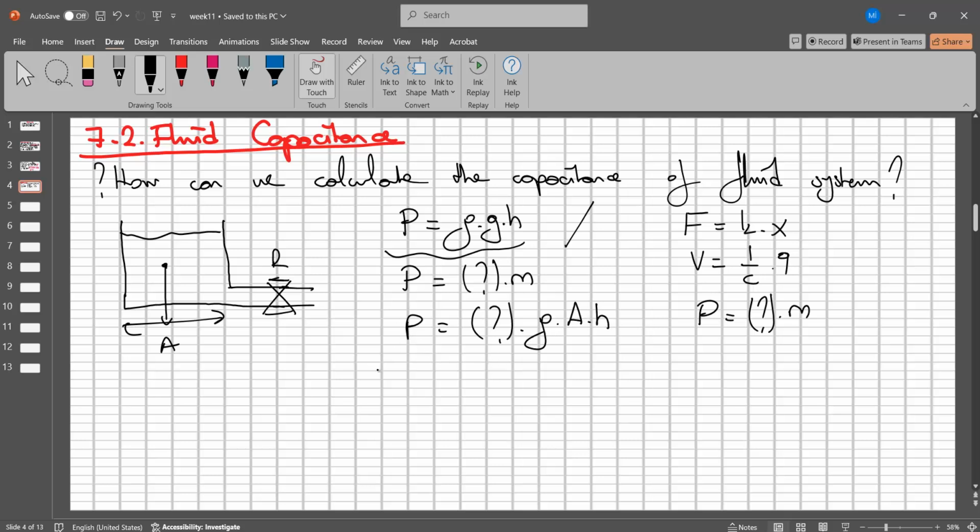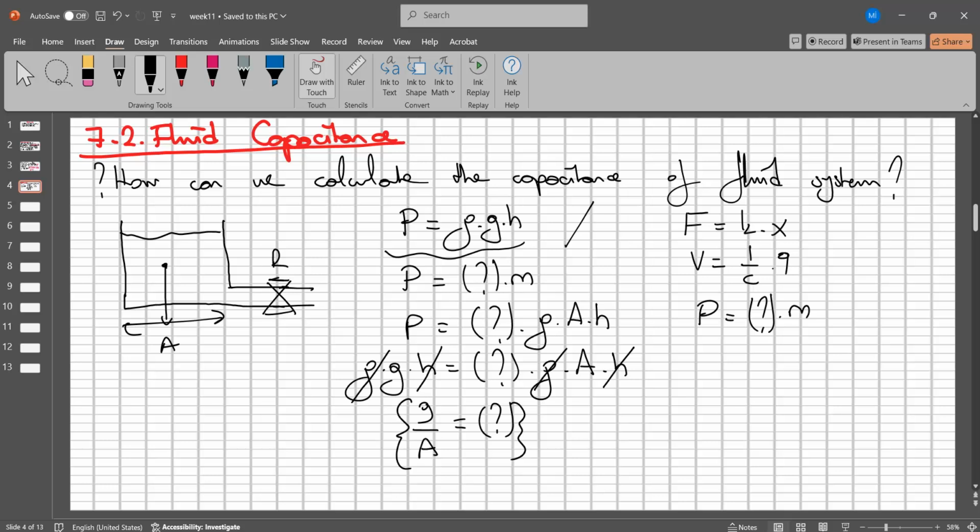And so this is written as rho G H equals question mark rho times A times H, right? And so we can remove this rho value and also the H value. And then we have the A and G value, and this question mark is equal to G divided by A, right?